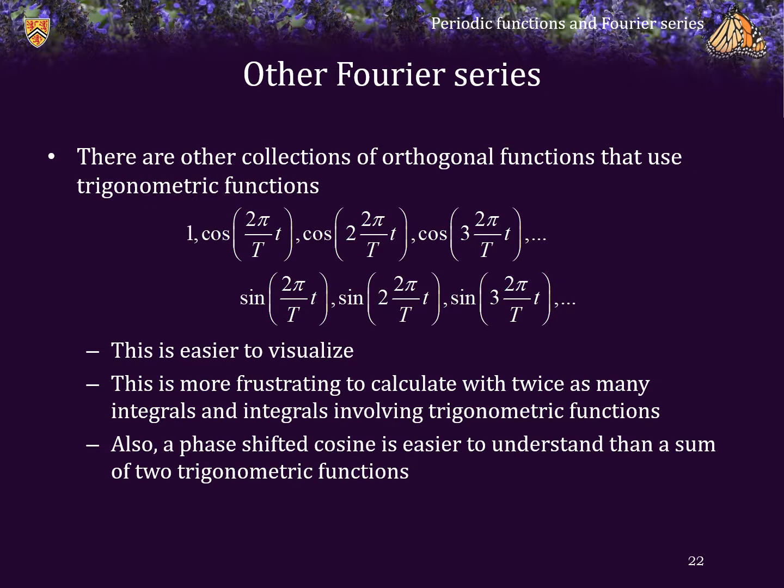Also, a phase-shifted cosine is easier to understand than the sum of two trigonometric functions. So, for example, on the left-hand side, we immediately see the amplitude is 1.97, and the phase shift is 40 degrees. On the right-hand side, it's not really clear, even though the right-hand side equals the left-hand side.